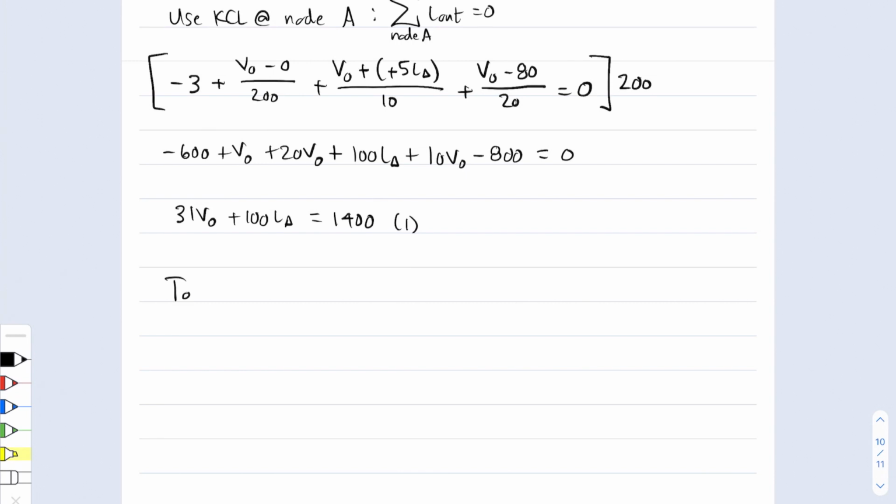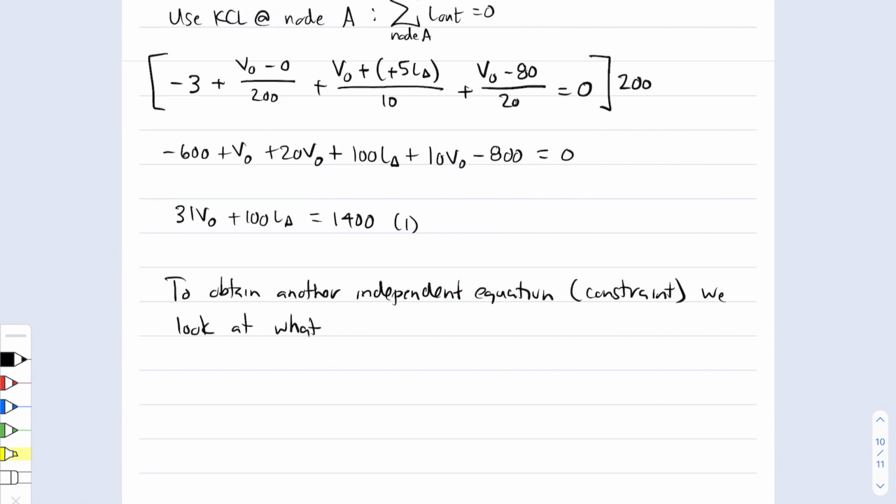So one of the things that we're going to do is to obtain another independent equation. This is a constraint equation. We look at what the dependent source depends on.